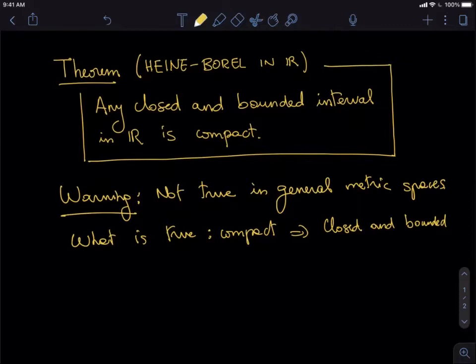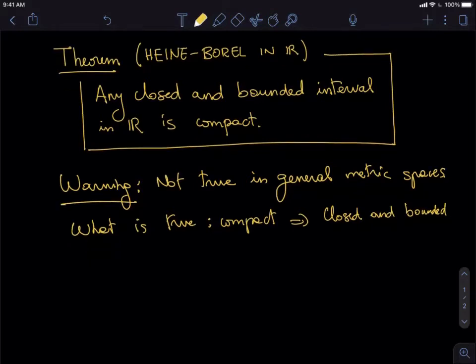So this theorem is saying that you can replace a closed bounded set, because it's compact, by a finite number of open sets that are a finite cover for that closed interval. Then you can work in each of these open intervals and complete your proof.